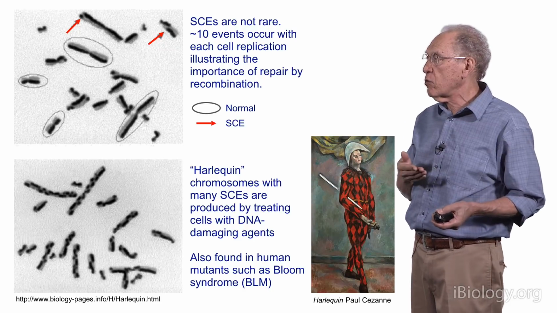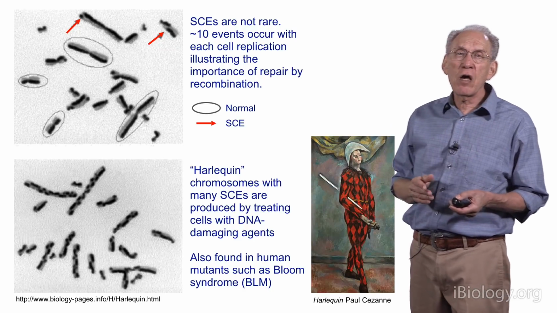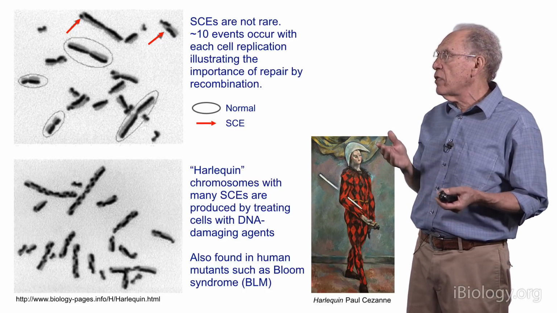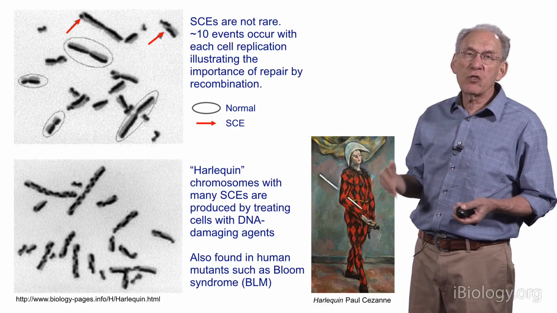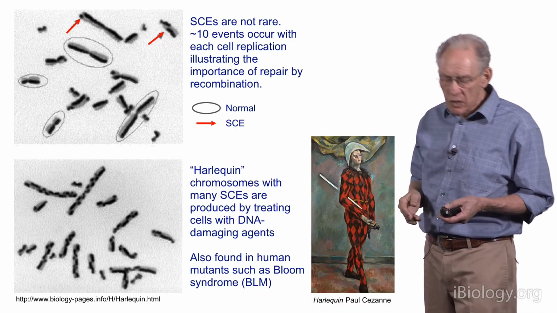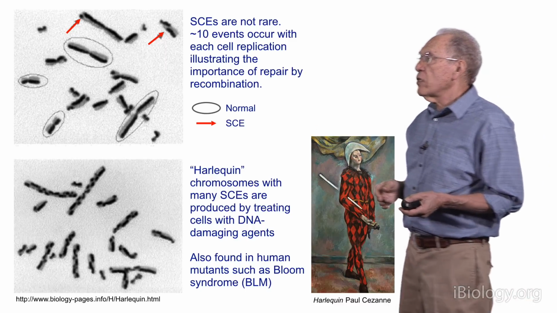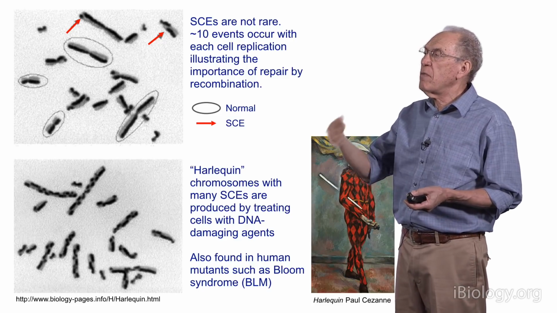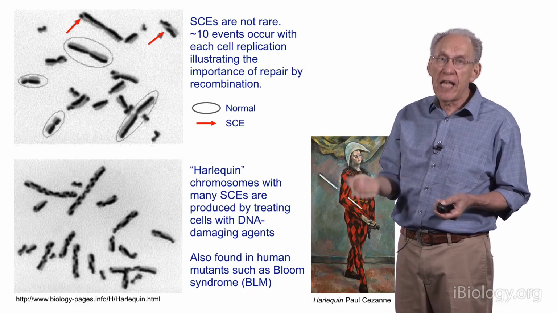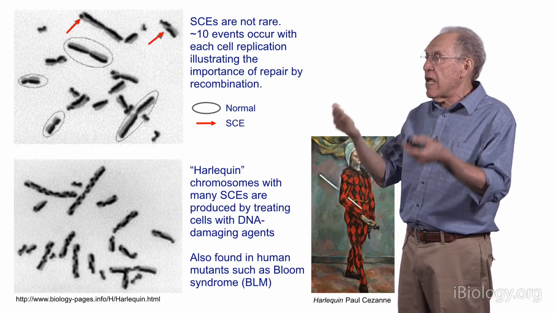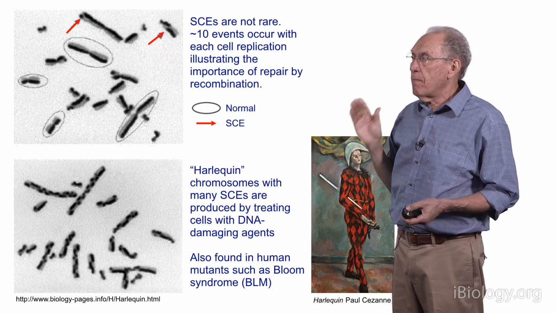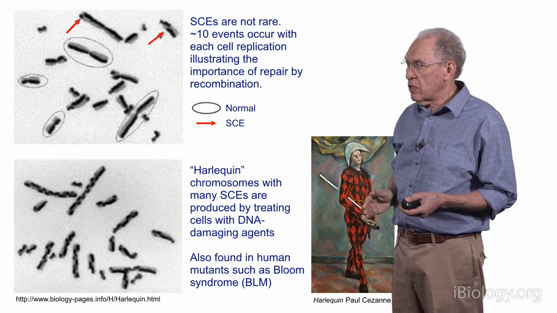And they're called harlequin chromosomes because a figure from the Renaissance, a Commedia dell'arte figure known as Harlequin, wore a costume of these, as shown here, that resembles this picture. So this tells you that there can be many, many sister chromatid exchange events. Normally cells can handle this, and therefore you only see a few of these exchange events under normal circumstances.